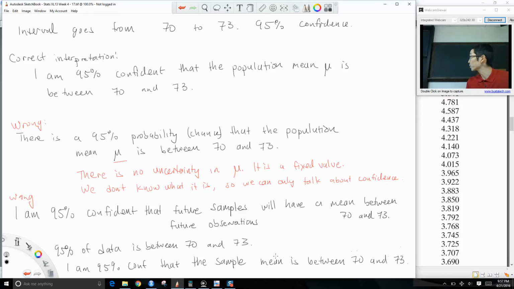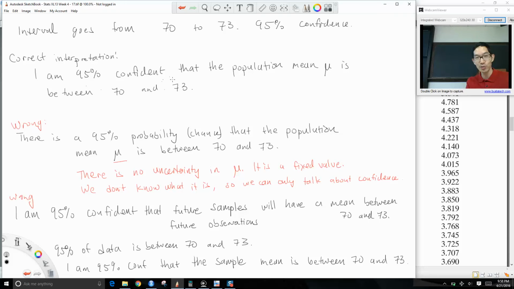And this last one is wrong because we know what the sample mean is. We've observed it. We are 100% confident that the sample mean is this exact value. And if that's the case, we just say the sample mean is this value. So these are all wrong interpretations.